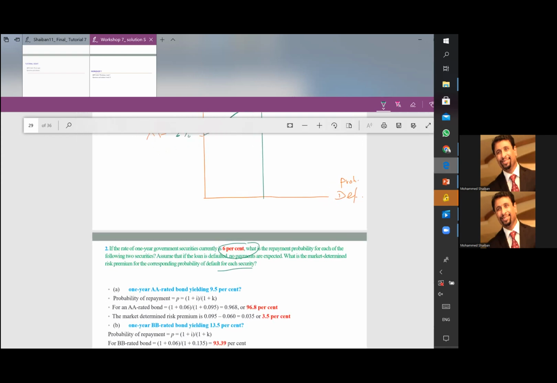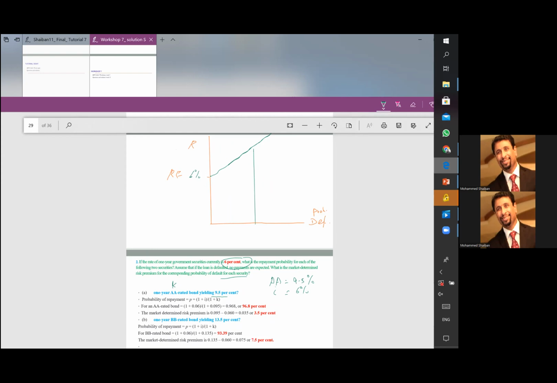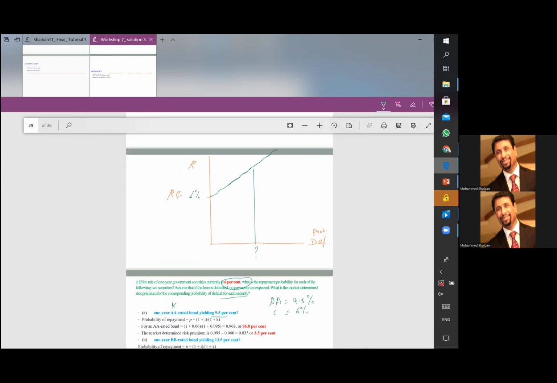The problem, if you look at it in the questions, they are giving me here what would happen if this is the K, the gross rate for A is 9.5%. If I'm charging a company with trouble A 9.5%, and the I is actually 6%, I can see they're defaulting, which means I don't know what is the defaulting here, but I know now here, this is 9.5%.